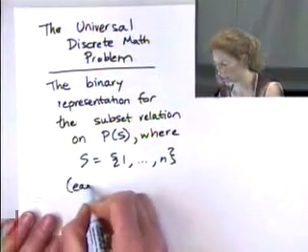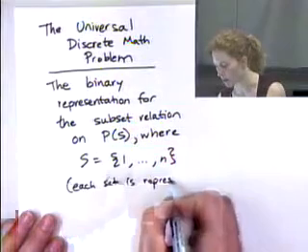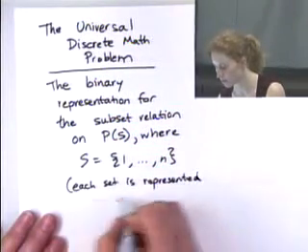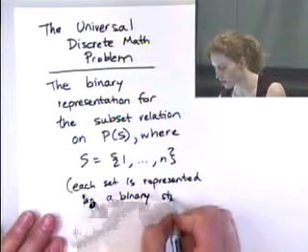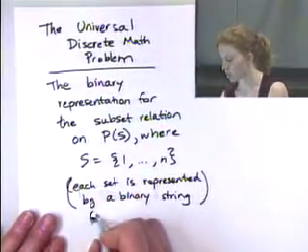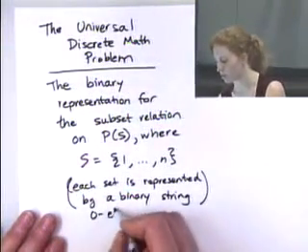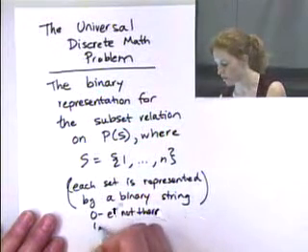So each set is represented by a binary string: 0 if the element is not there, and 1 if it's there.